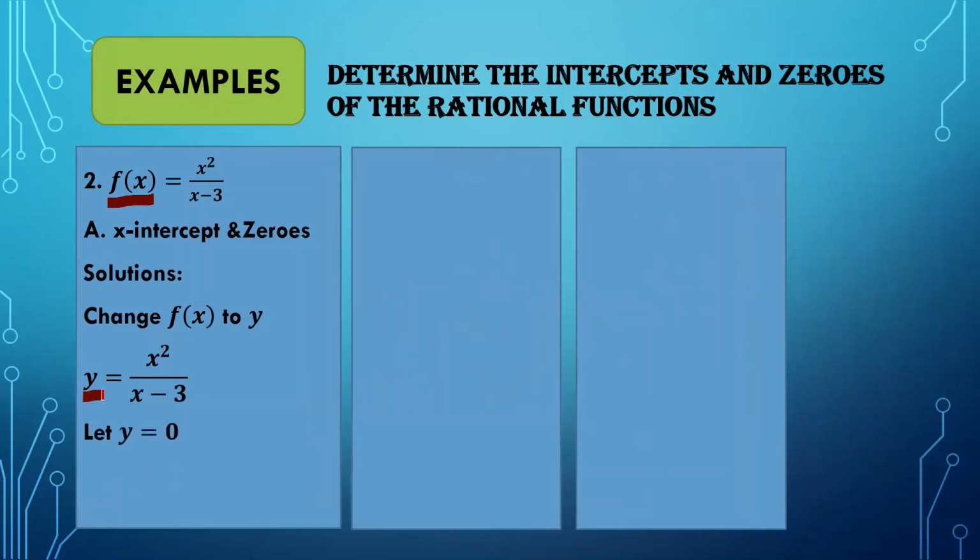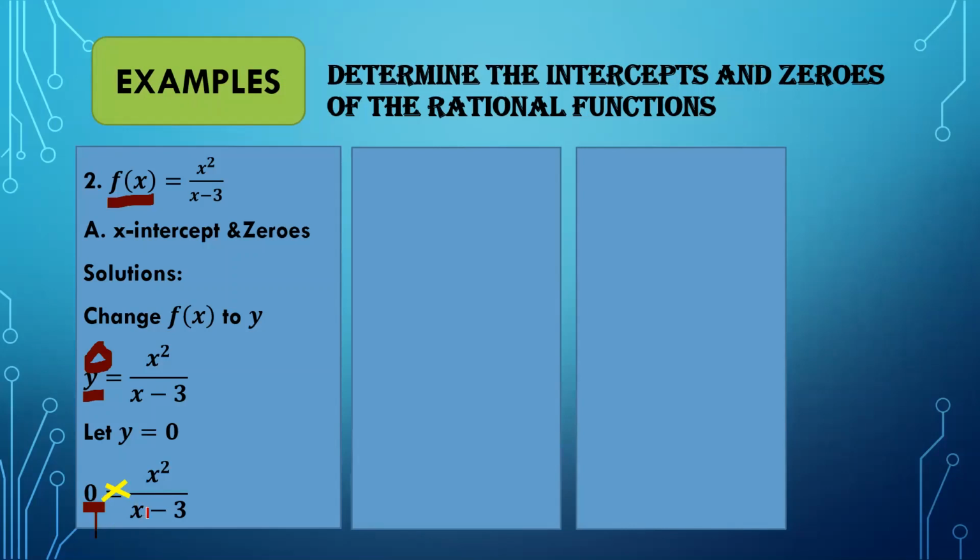Next, let y be equal to 0. So we have 0 is equal to x squared all over x minus 3. So cross multiply. The denominator of 0 here is 1.